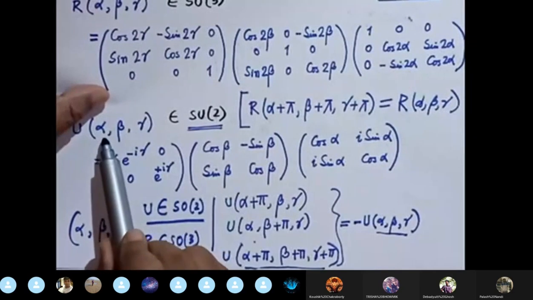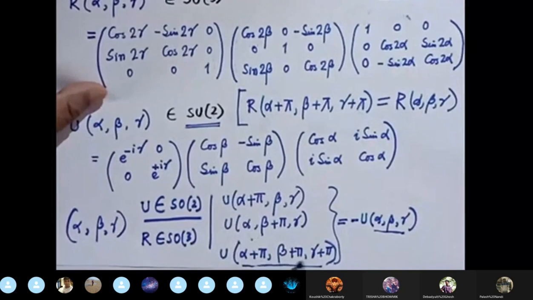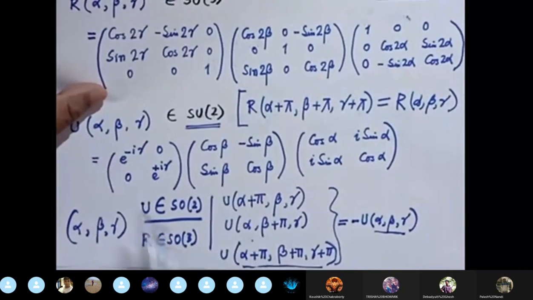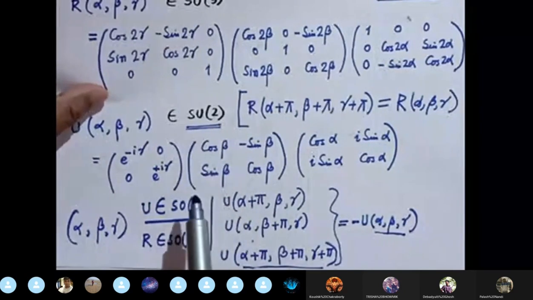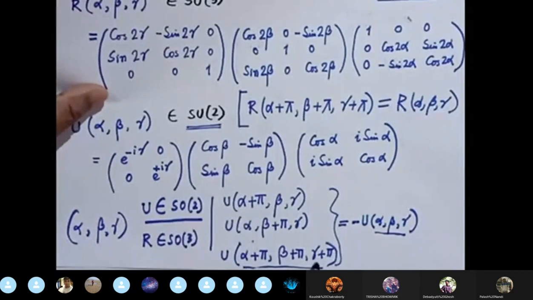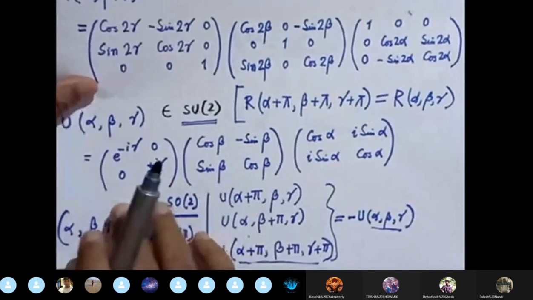For alpha, beta, gamma 0, it is identity. For pi, it becomes minus identity. Again, when it varies from pi to 2 pi, it goes from minus identity to identity, then fully generating all the elements.